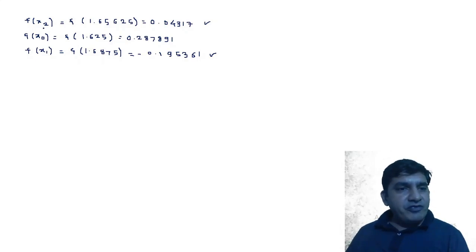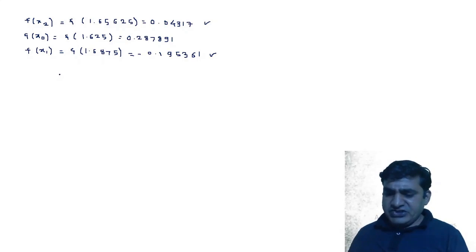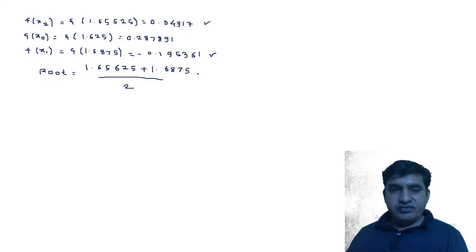F of x1 into f of x2 is less than 0, and hence after the fifth iteration the approximate root of x1 and x2 is equal to 1.65625 plus 1.6875 divided by 2, and we get the approximate root after fifth iteration 1.671875.